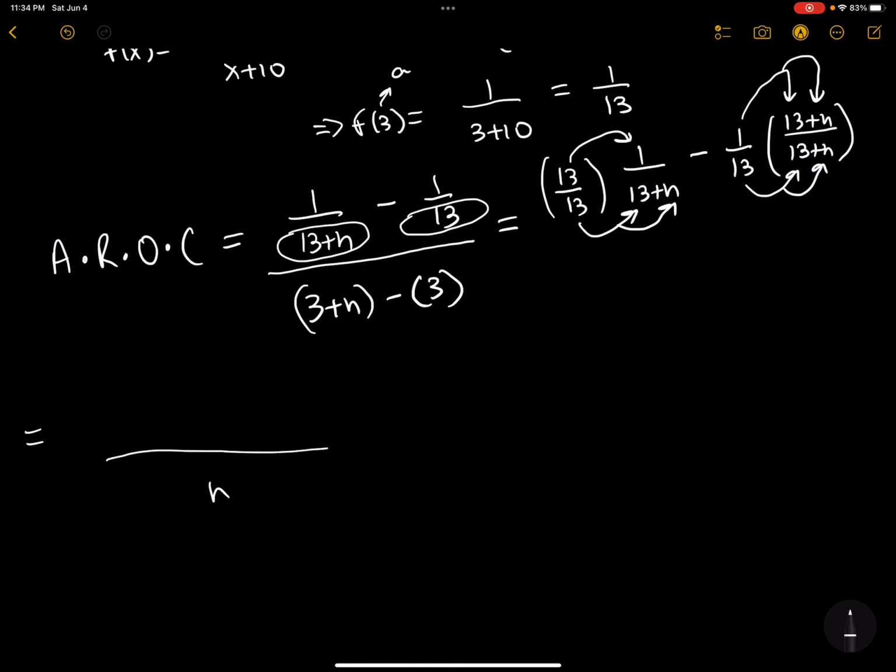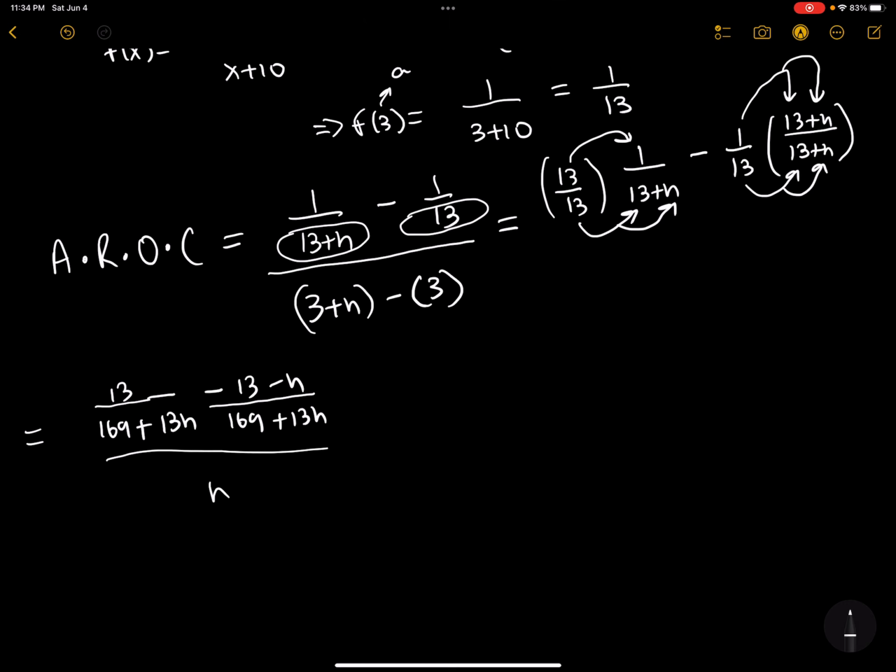And then the top is just, well, 13 times 1 is 13, over 13 times 13 is 169, plus 13 times h is just 13h, minus, so minus 1 times 13 is just minus 13, minus 1 times h is just minus h, over 13 times 13 is 169, 13 times h is just 13h, right?